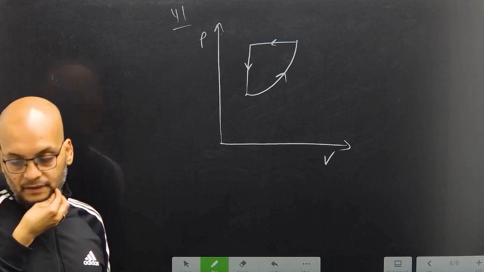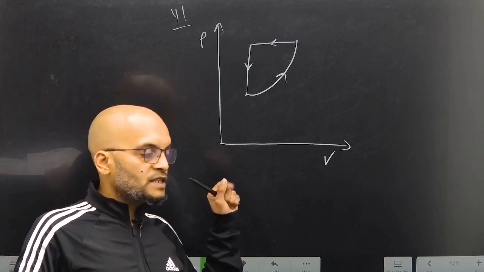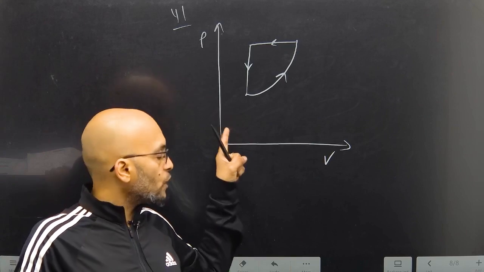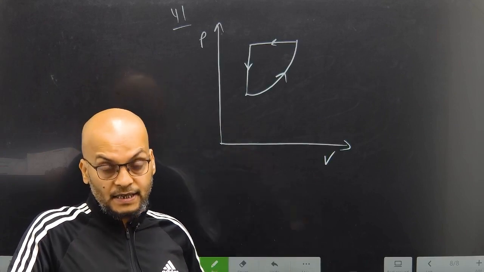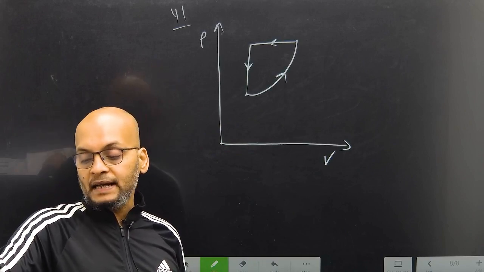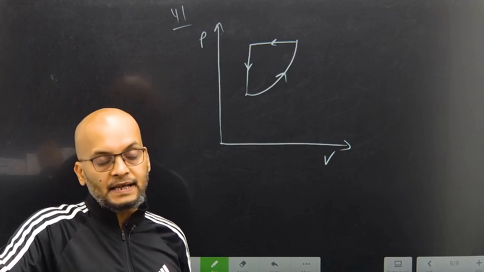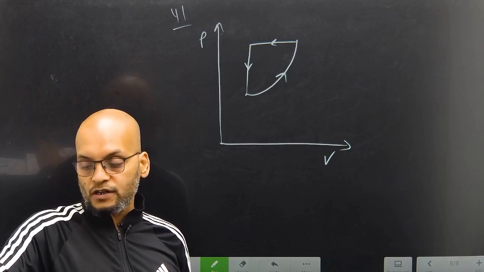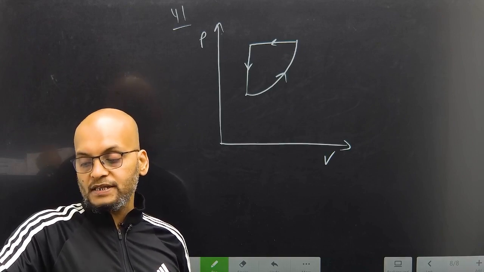First of all, you need to understand that this is a closed system, and in a closed system the change in internal energy delta U is 0. Since delta U is 0, options B and C get eliminated, because in B and C they are saying delta U is not 0. Now we are left with option A and option D.